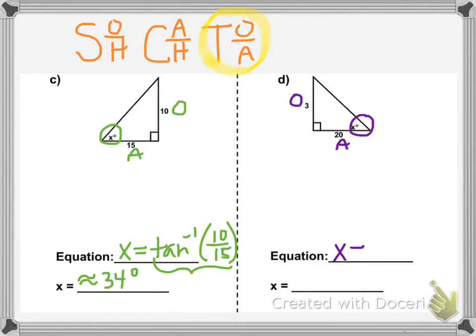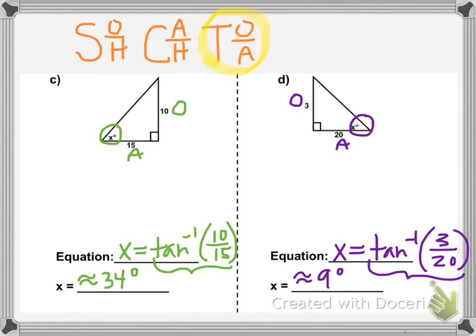So our angle measure is going to be equal to the inverse tangent of the ratio for tan, which is O over A, or 3 over 20. So go ahead and type that into your calculator. 3 divided by 20, and you get about, this is a very small angle, about 9 degrees. 8.5 rounding up to about 9 degrees.